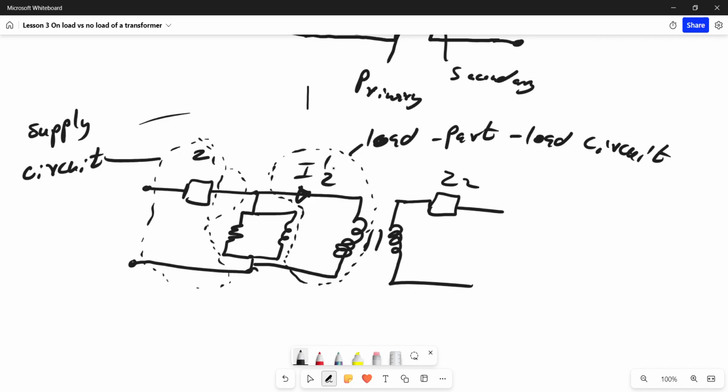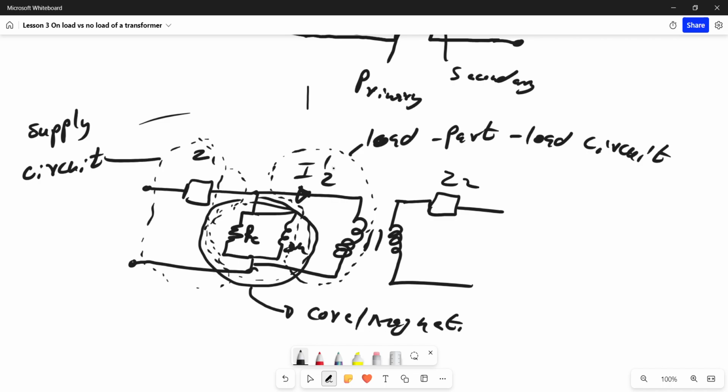The last part, this branch that has RC and XU, this is what we call the core or magnetic circuit.